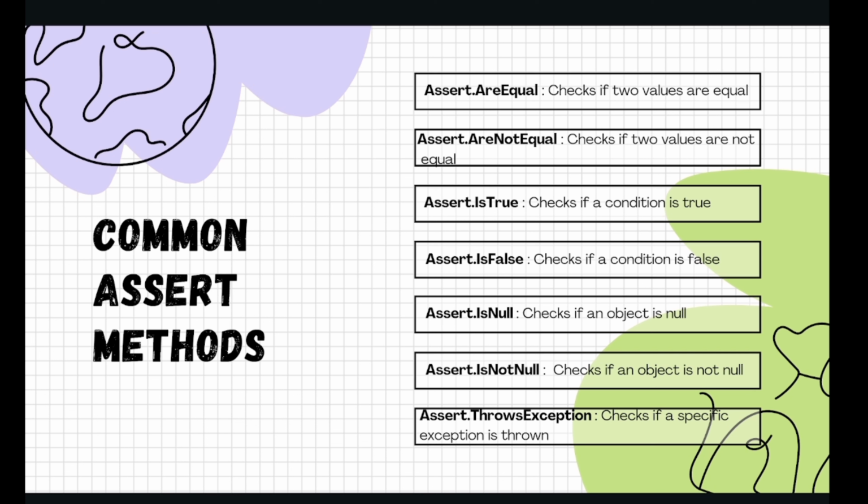Fifth one is the IsNull method to check if the specific object is null. Sixth one is the IsNotNull method to check if the specific object is not null. And seventh one is the ThrowsException method to check if the specific method throws an exception of type T.